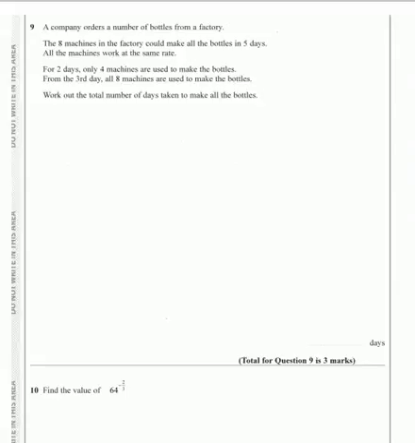Okay, a good way to think through this problem is to think about how long it would take one machine if it was working to make all of these bottles. So if 8 machines take 5 days, then one machine would take 8 times 5 days, which would be 40 days. So let's call that a machine day, or MD, for how long it would take to make this.